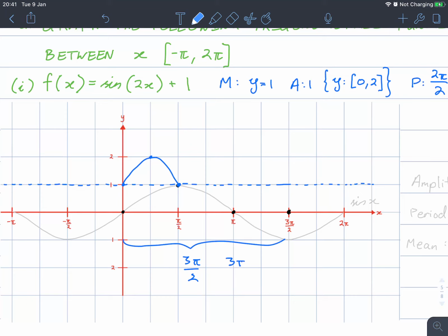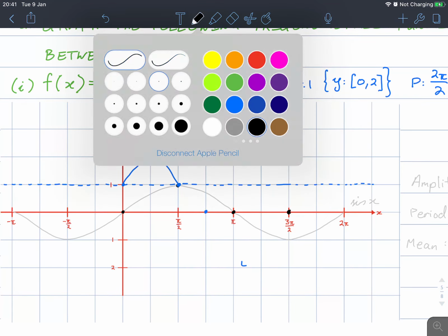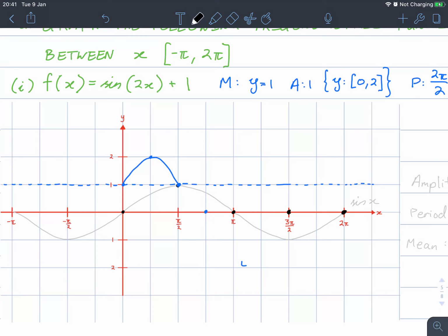It's going to be 3 pi on 4. So the lowest point here is going to be at 3 pi on 4. And then lastly, delete some of this clutter. Then lastly, 2 pi is going to be shifted up because of the mean value, and its distance from 0, being 2 pi, will be halved to just be pi.